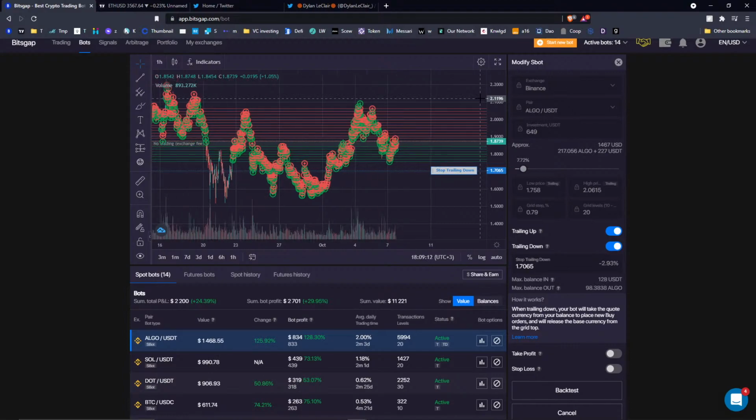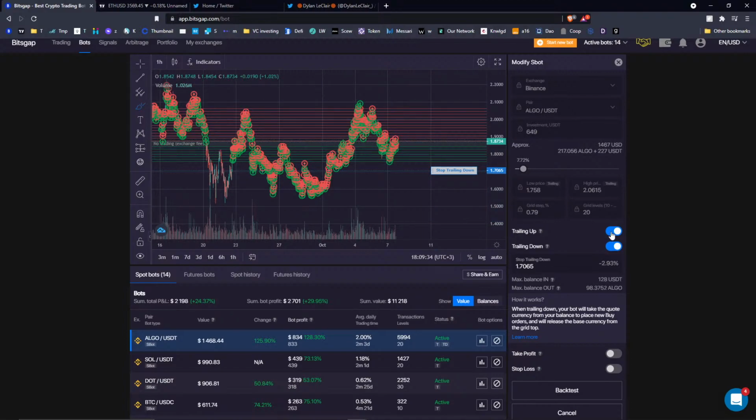The bad side effect of this is that if the market continues the plunge, then you end up having an increased exposure relative to the exposure you had without using the trading down. So that's the trade-off here, always to keep in mind.